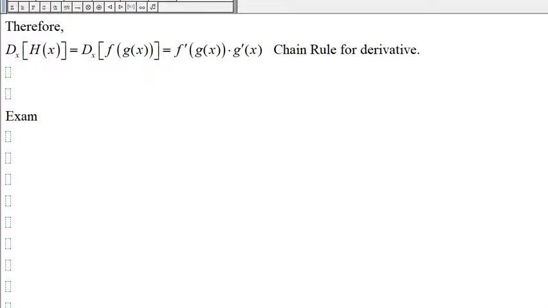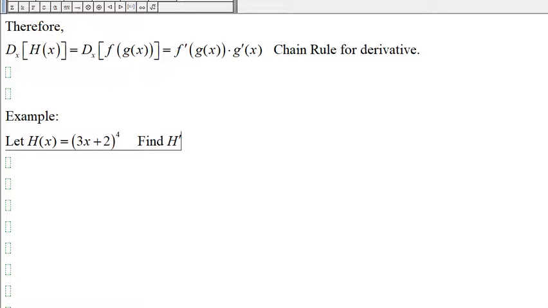Now let's look at an example. For this function h right here, we can let g of x, which we sometimes call u, equal 3x plus 2.